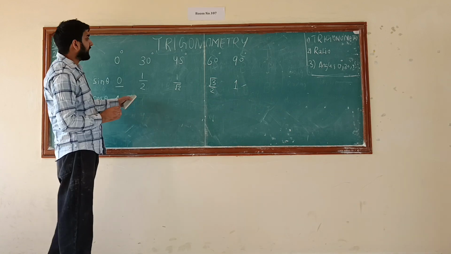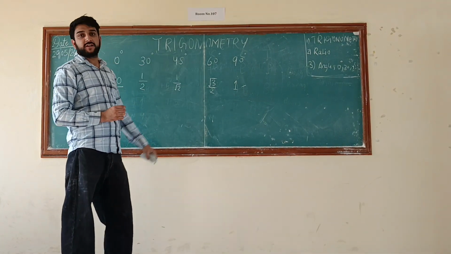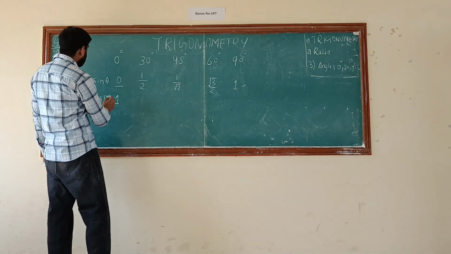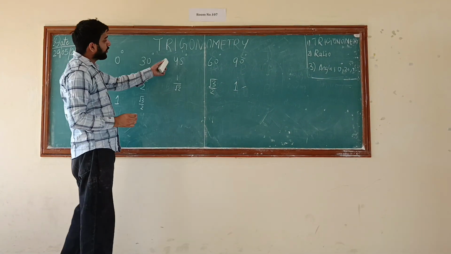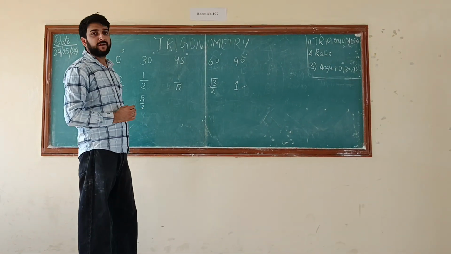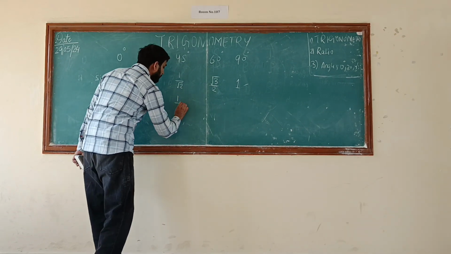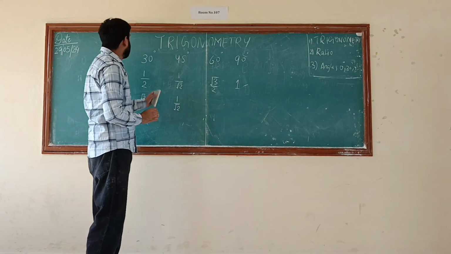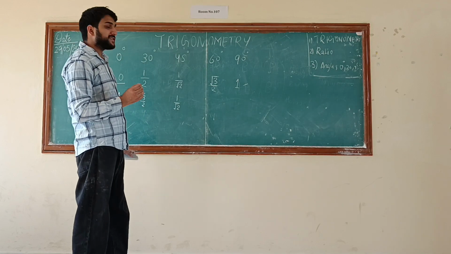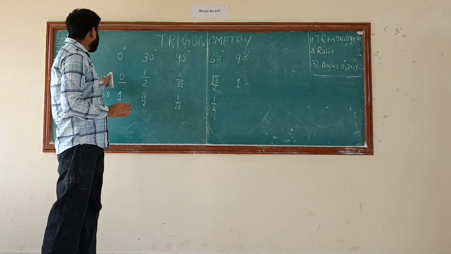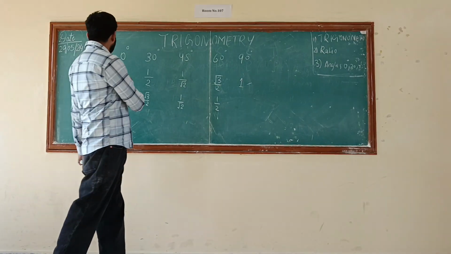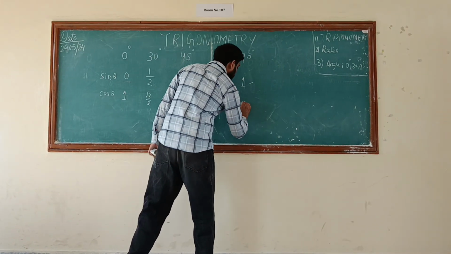The next is sin 60 degree is equal to cos 30 degree. So cos 30 is equal to under root 3 upon 2. Cos 45 and sin 45 are equal. So it is 1 upon root 2. Here sin 30 is equal to cos 60 degree, that is 1 by 2, and sin 0 is equal to cos 90. So cos 90 is equal to 0.